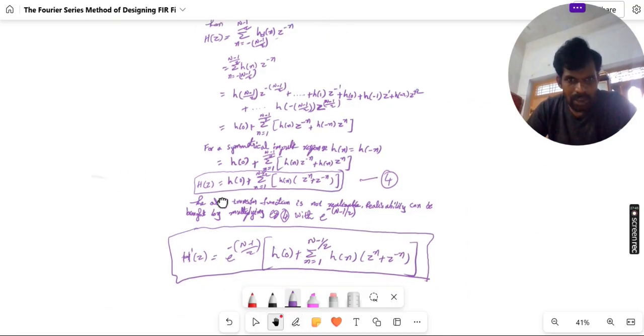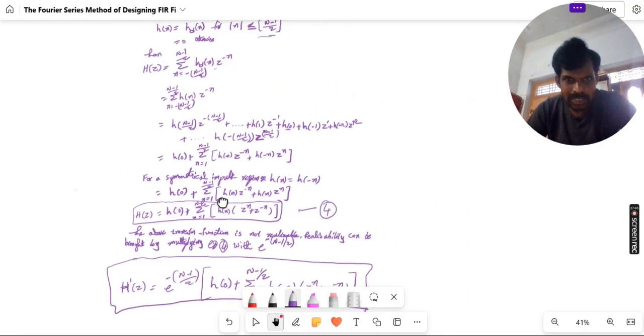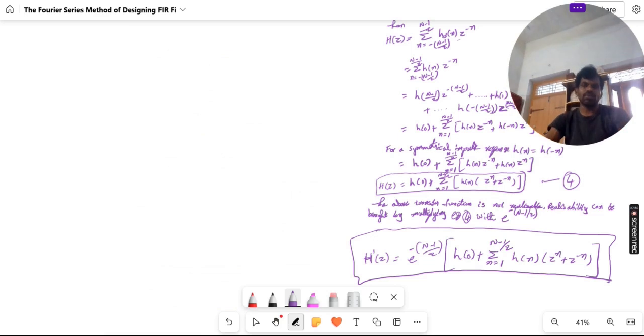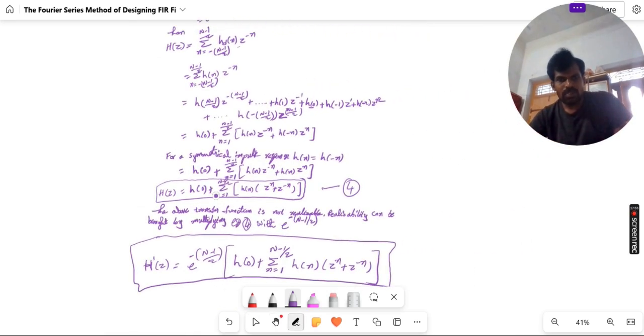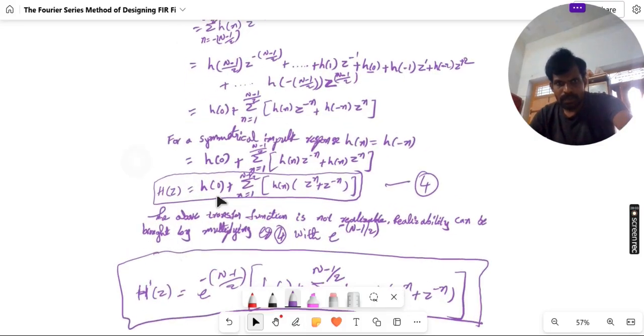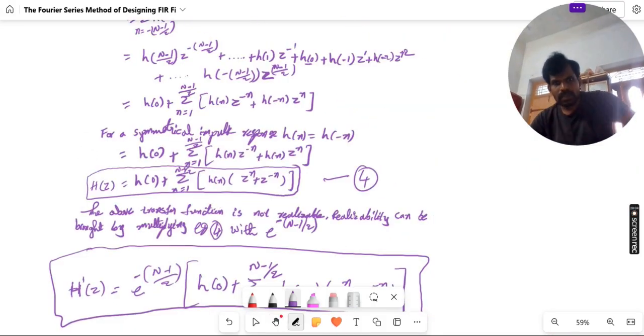Finally, our main objective is to get the frequency response of a filter. So it is a transfer function, and by using this transfer function we will get the frequency response. Already we have mentioned in equation 4 that the transfer function we got is not realizable.